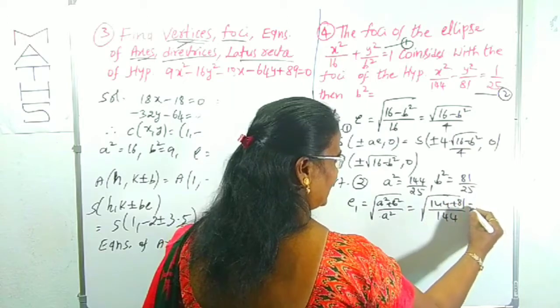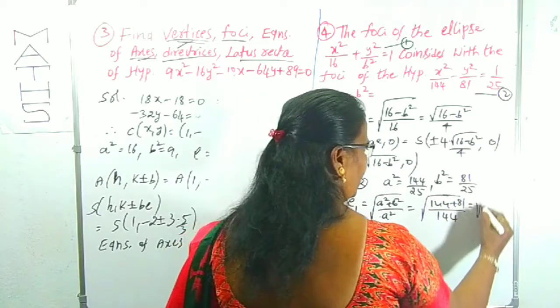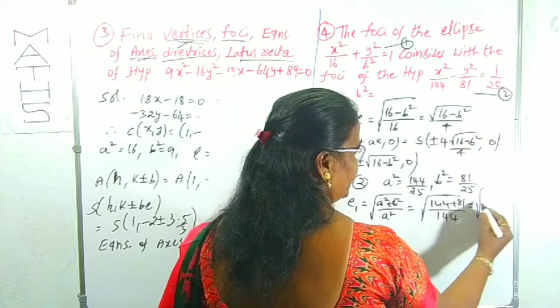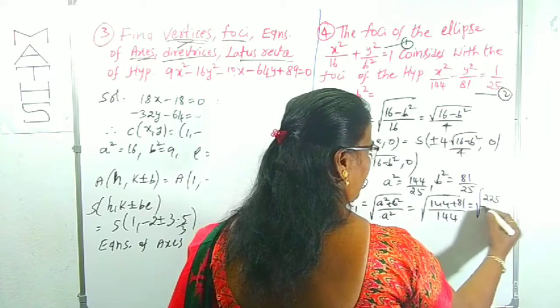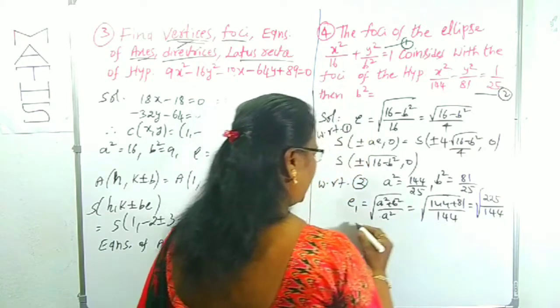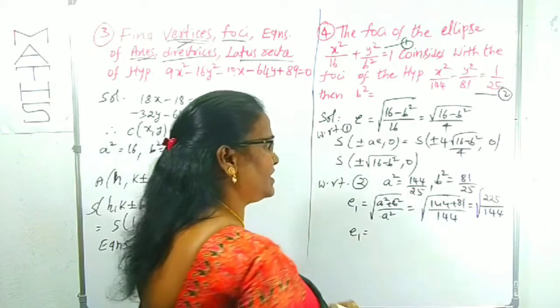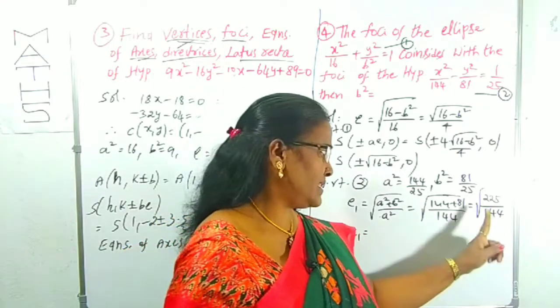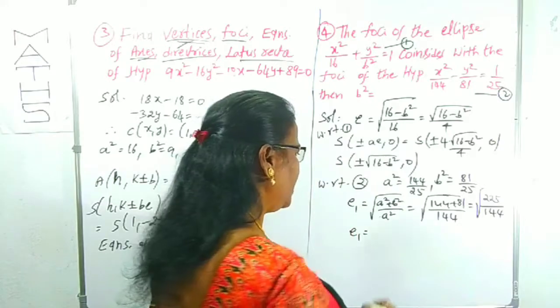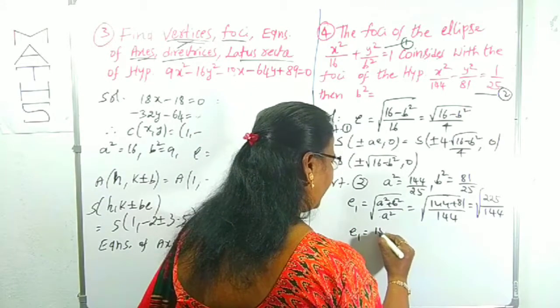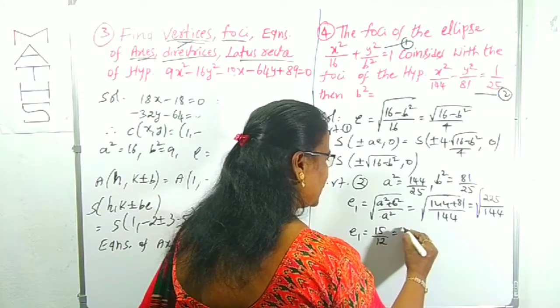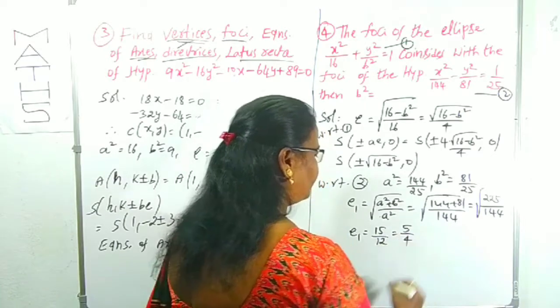Okay, 25 gets cancelled. It is overall root of 144 plus 81, which is 225, by 144. We got the eccentricity of the given hyperbola. What is that? Root over 225 by 144 is simply 15 by 12. 3 gets cancelled, 3 fives, 3 fours.